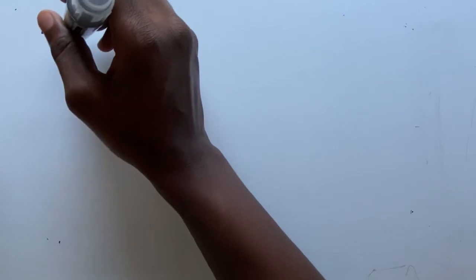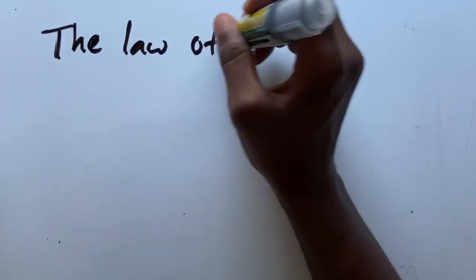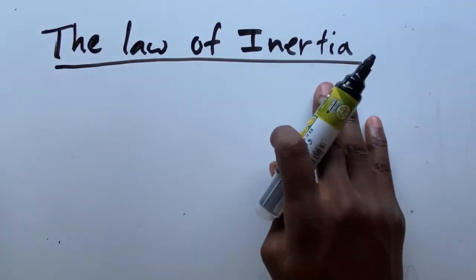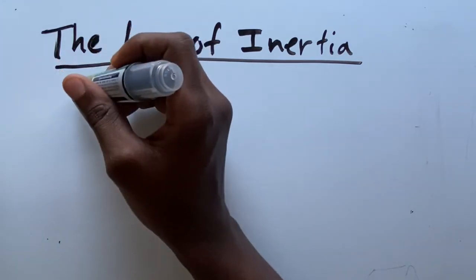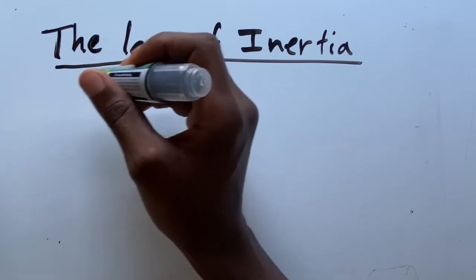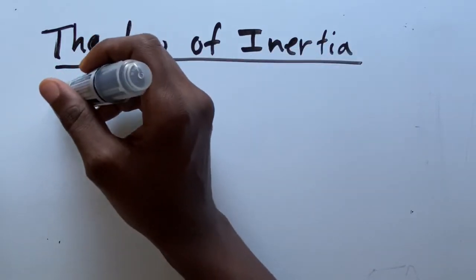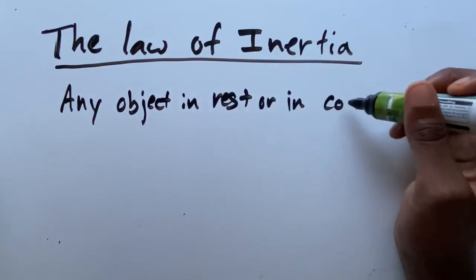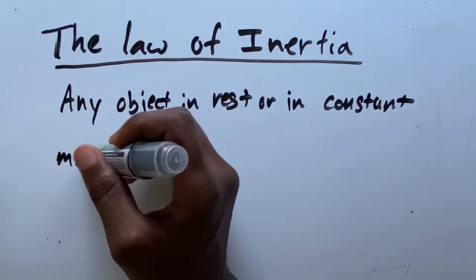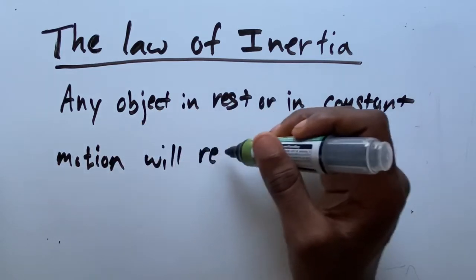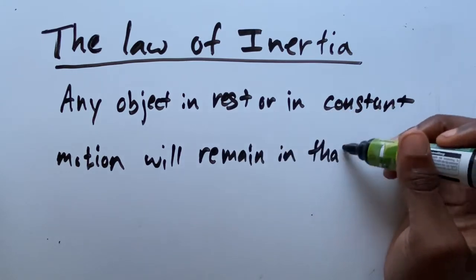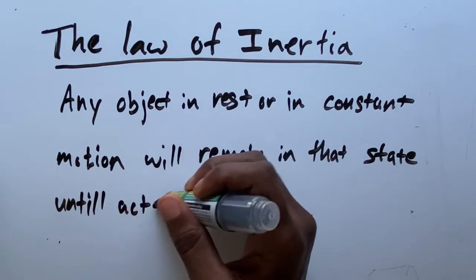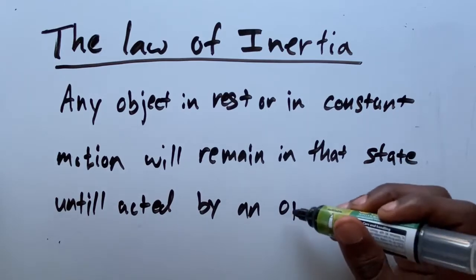So the law of inertia, how Newton put it in words was, any object in rest or in constant motion will remain in that state until acted on by an outside force.